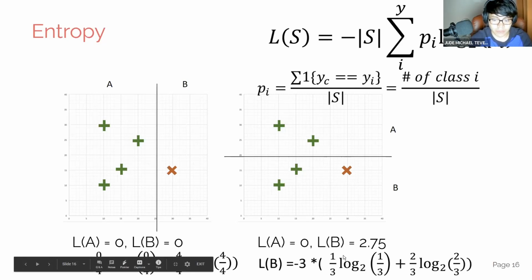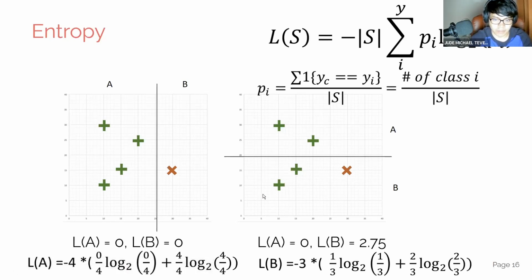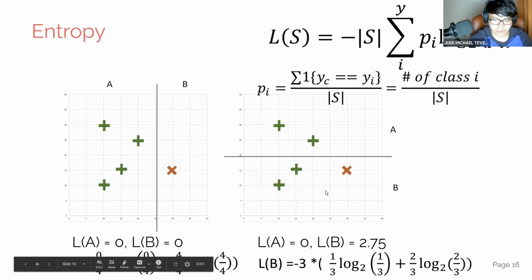So 1/3 times log of 1/3 plus 2/3, because 2 occurrences of the positive class over the total count, times log of that. So you end up with a loss of 2.75. So if you add them, you'll get a total loss of 0 here and a total loss of 2.75 here. So we know that this one is better compared to this.